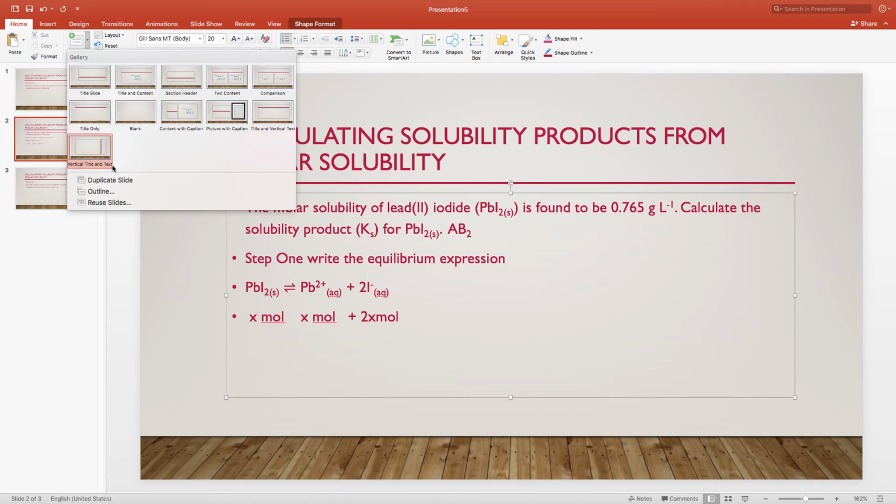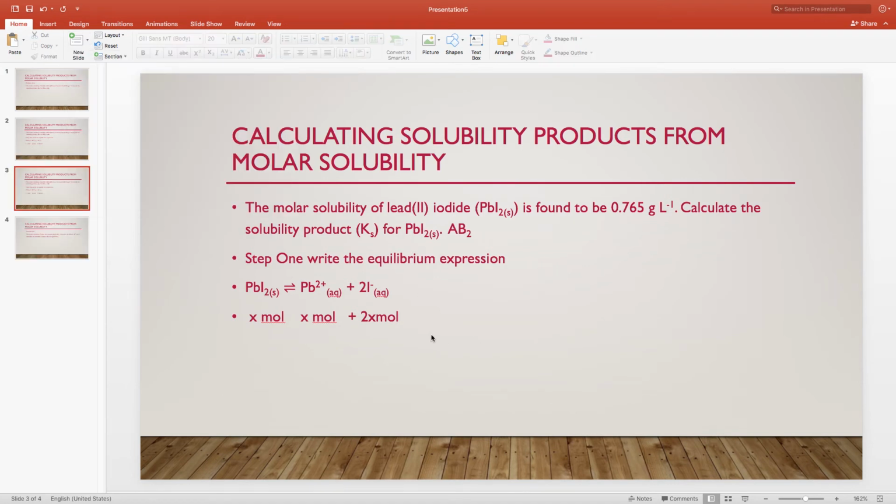Step 2 is to write the solubility product expression for this equation. So step 2, write the Ks expression for this.